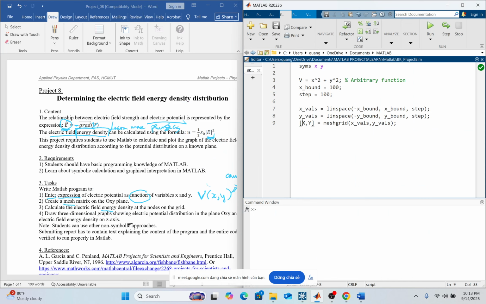And here x and y will be a set of points, a matrix, but if you're not acquainted with that, you can just imagine it is a set of possible points in the x direction and the y direction, every point in space. And if I reckon correctly, it's going to be 100 to the power of 2, like 10,000 points.